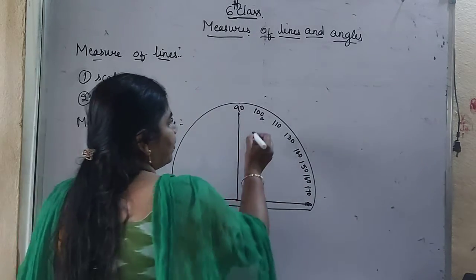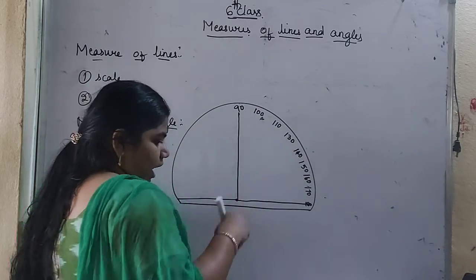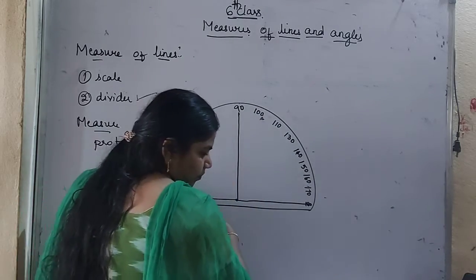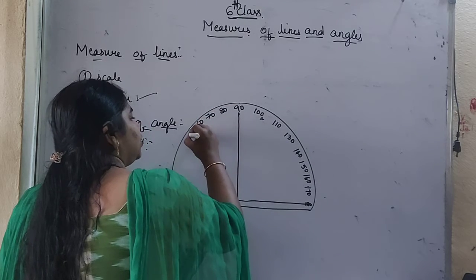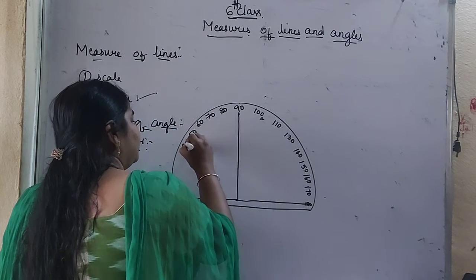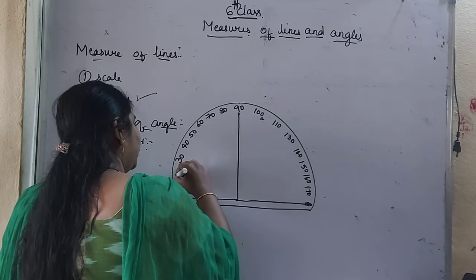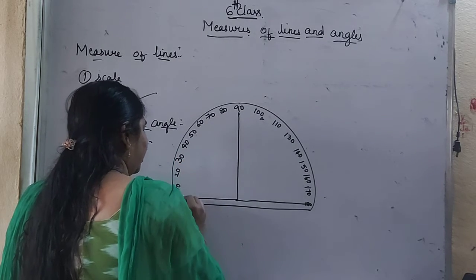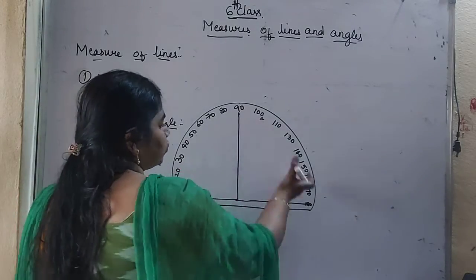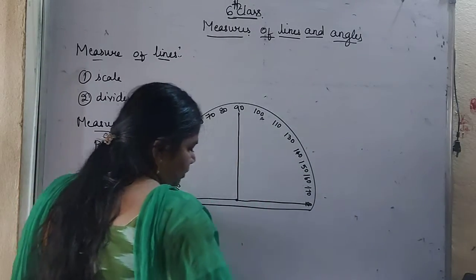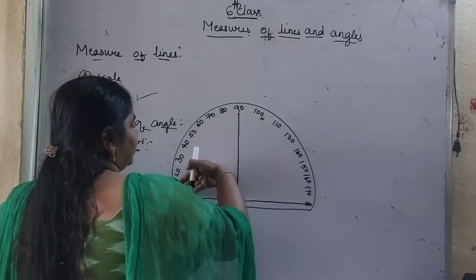Like this you will have the lines, and on this side it will be 80, 70, 60, 50, 40, 30, 20, 10, and this will be equal to 0. In the same way, in reverse order also they give the line points.